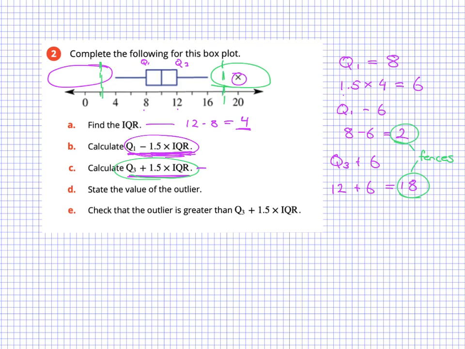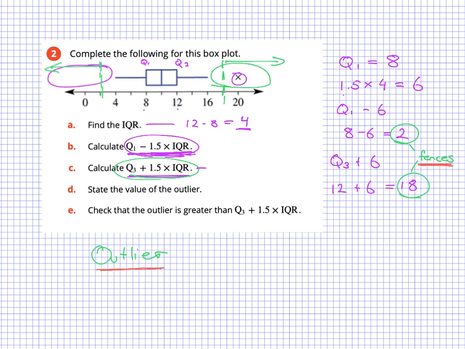If there is a piece of data that falls outside those fences, so in this region here or in that region there, we are going to call them an outlier. All right, so all this is saying is basically mathematicians have decided that there is actually a rule that we'll use to check it, and we'll get everyone to check it this way so that we're all on the same page. Okay, so if a piece of data falls outside the fence, it is called an outlier.